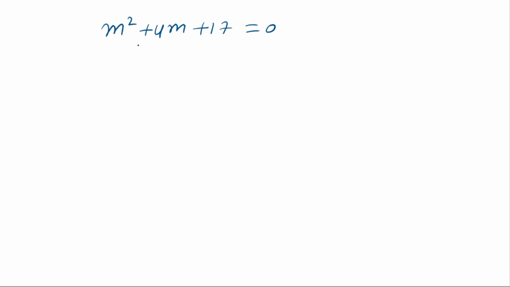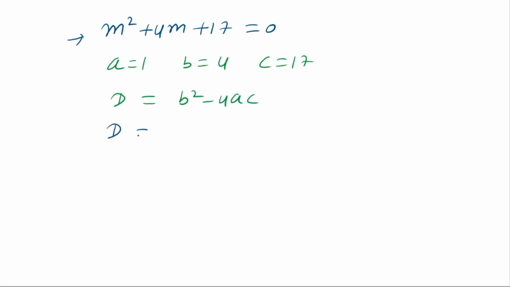This is a quadratic equation and we will talk about only real solutions. So first we will check the discriminant of this quadratic. Here a = 1, b = 4 and c = 17. The discriminant formula is D = b^2 - 4ac. So D = 4^2 - 4 times 1 times 17.